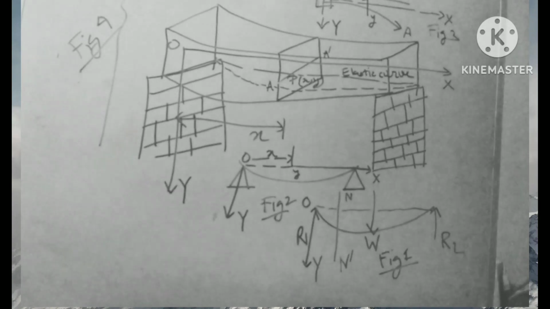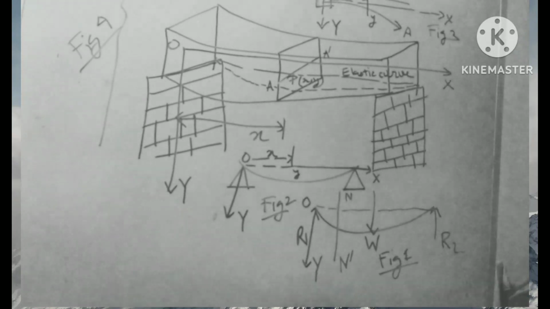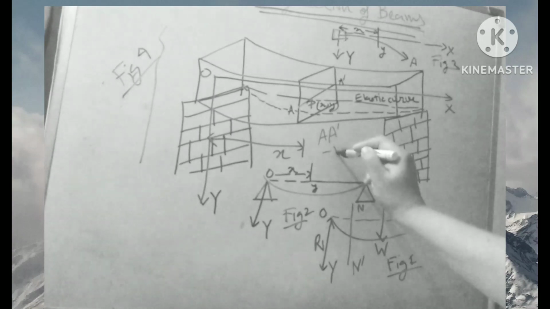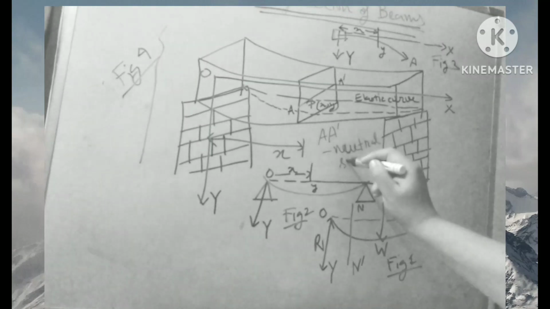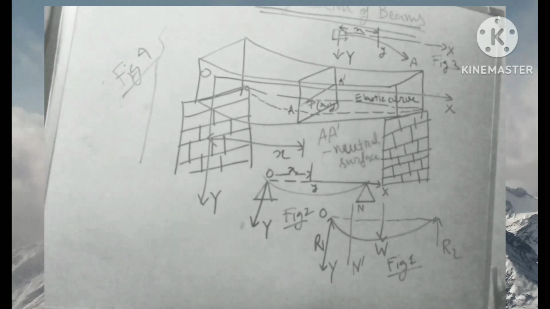This line AA dash is called the neutral surface, the neutral axis of the section. It is well known from mechanics that beam moment M about A dash.